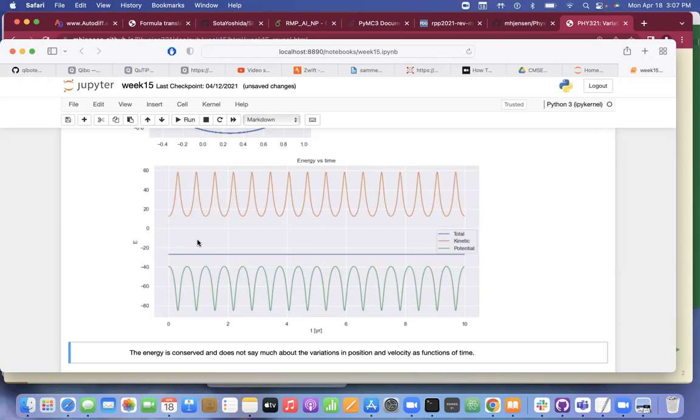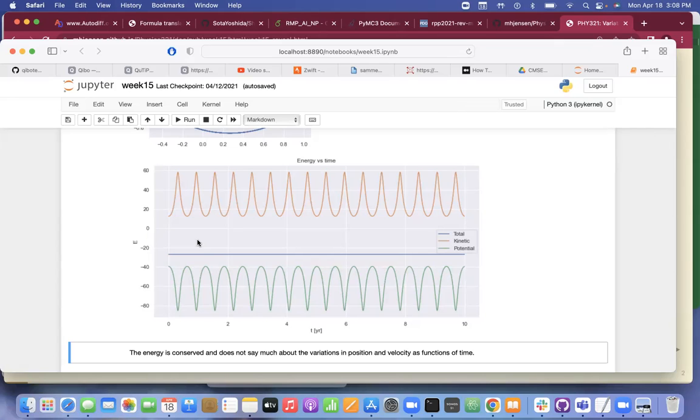What we want to see is how the position and the velocities vary over time, and we want to optimize a quantity when we move from one time to a final time. This is essentially what we end up with in the calculus of variations. If I now calculate the kinetic energy plus the potential energy, the total energy is just boringly flat. There's no change.